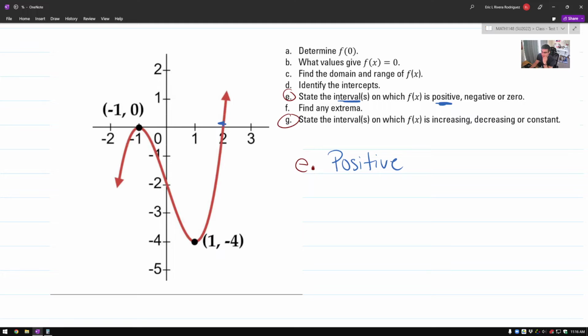Positive is anything that is above the x-axis. The only region that we are seeing that is positive here of the function is this one that I'm painting in blue, and we are seeing an arrow here.